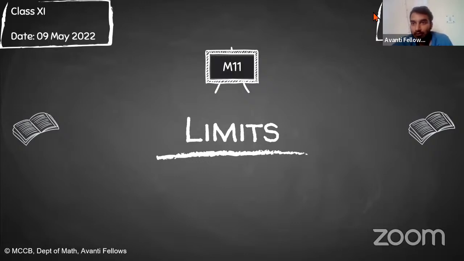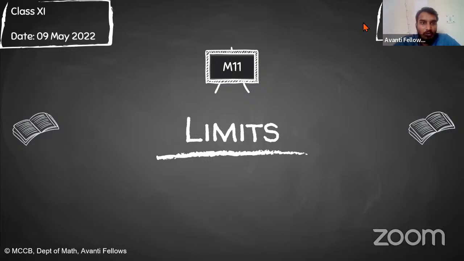So, students, in today's class, we are going to start a new chapter called limits. In the last class, we finished our discussion on sequence and series. I hope everybody now has a good idea about AP, GP, HP, and all the different series, right? Similarly, limits is also a very easy chapter like sequence and series.